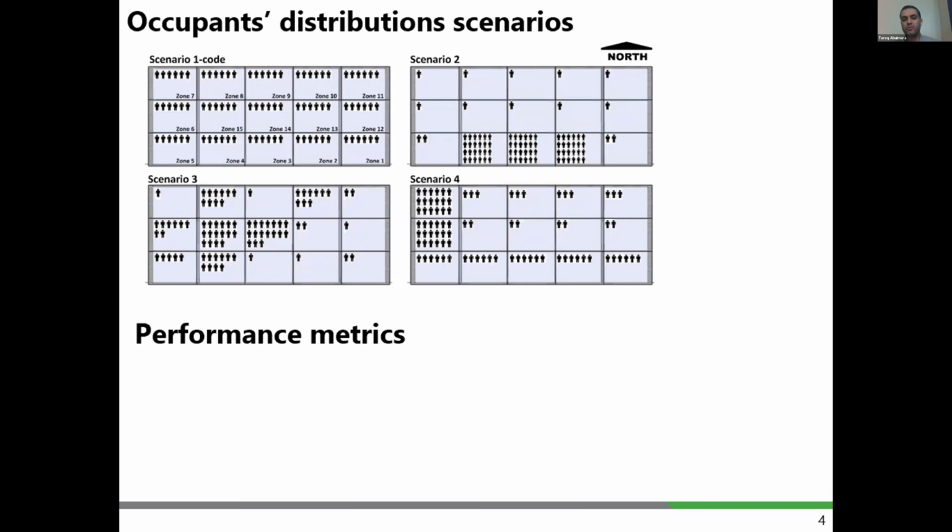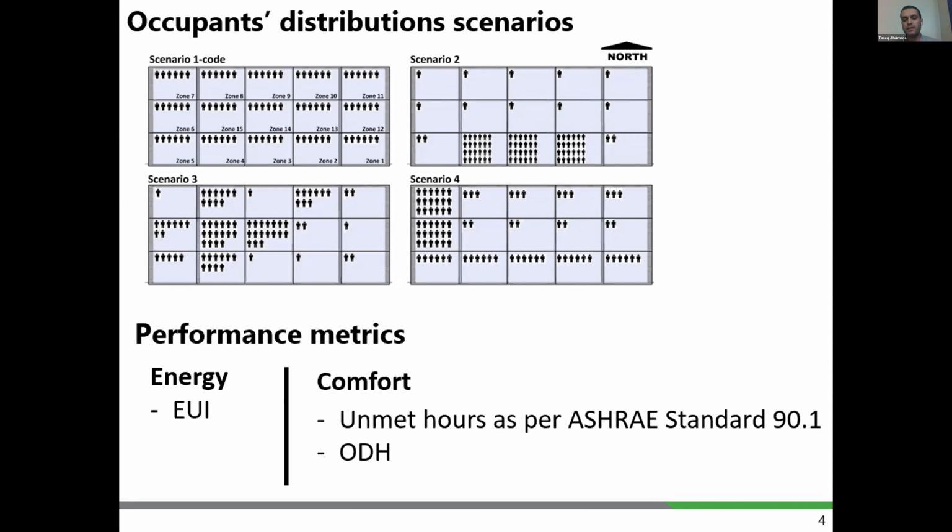And for performance metrics, we used energy use intensity for energy and the unmet hours as an indicator of discomfort. And the study also included developing a new metric for comfort called occupant discomfort hours, which indicates the share of each occupant of discomfort hours.